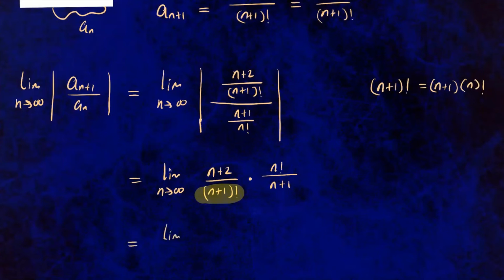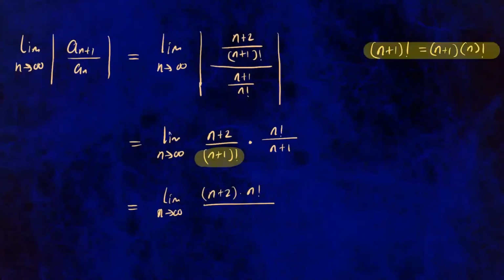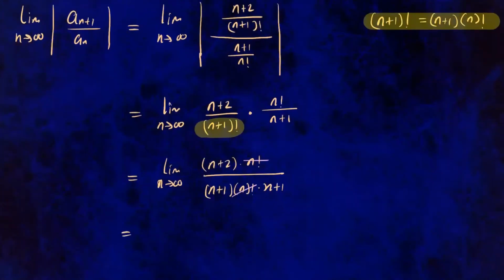So this is equal to the limit as n goes to infinity of n plus 2 times n factorial over n plus 1 factorial. By definition of factorial, that's n plus 1 times n factorial, times n plus 1 from before. Now we can cancel out the factorials. So we have the limit as n approaches infinity of n plus 2 over n plus 1 times n plus 1.